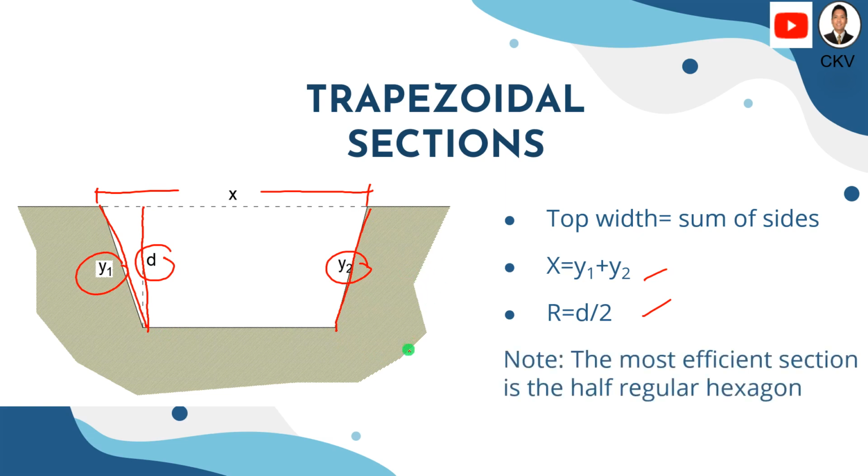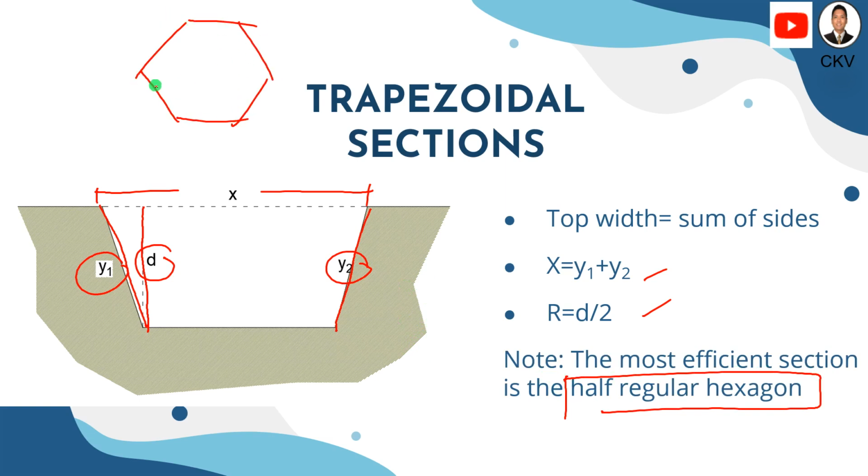Take note that the most efficient section of a trapezoidal open channel is the half regular hexagon. So if you have a hexagon, okay, just take the half of it, and this open channel is the most efficient section for a trapezoid open channel.